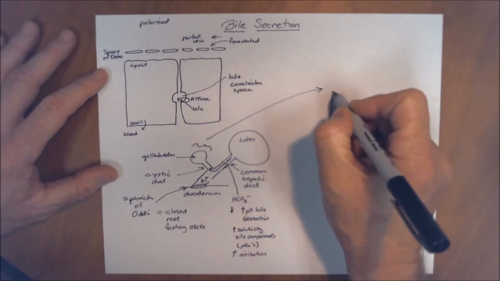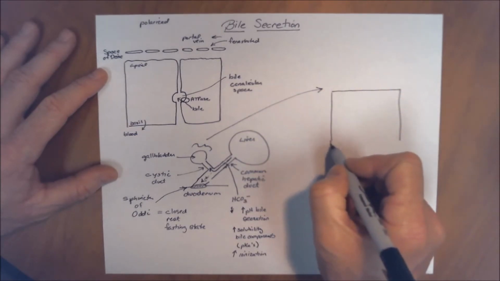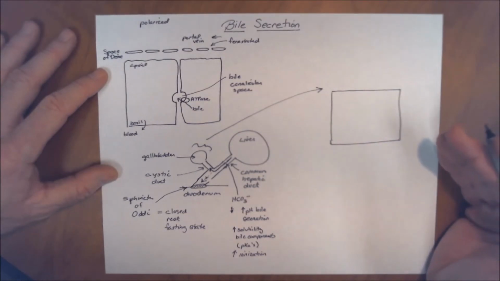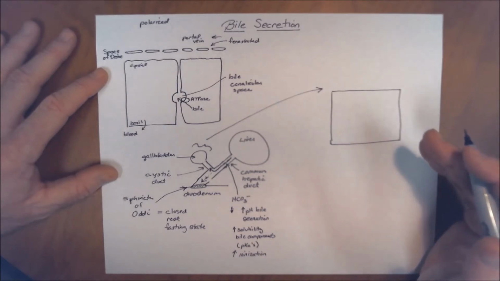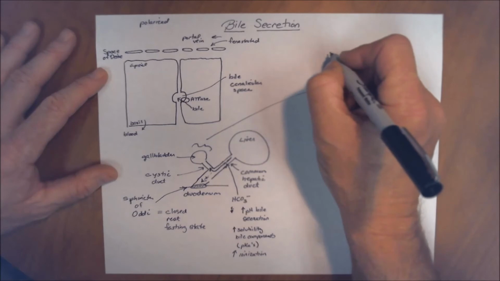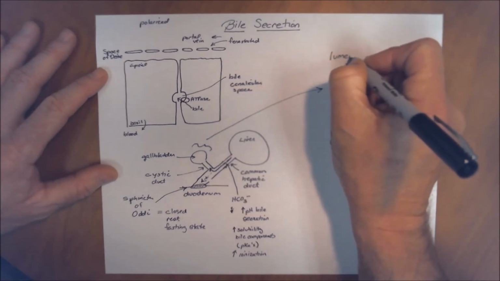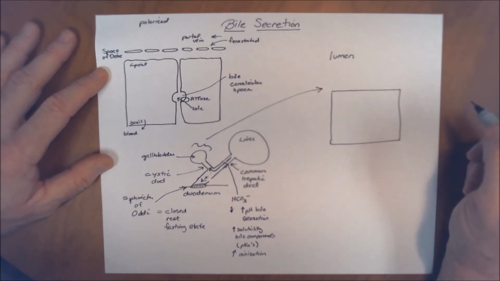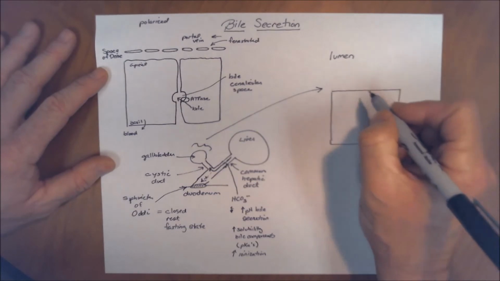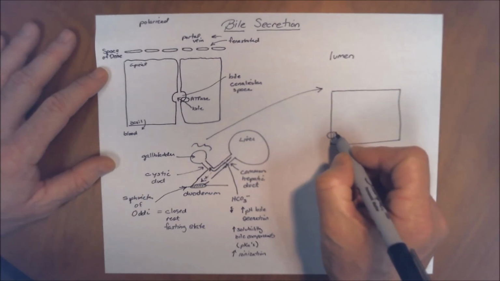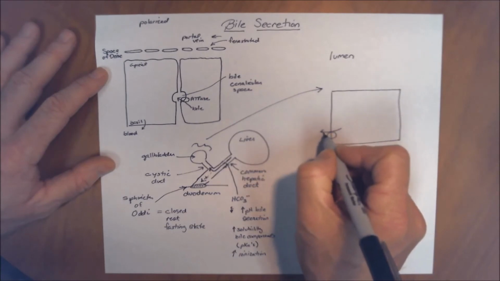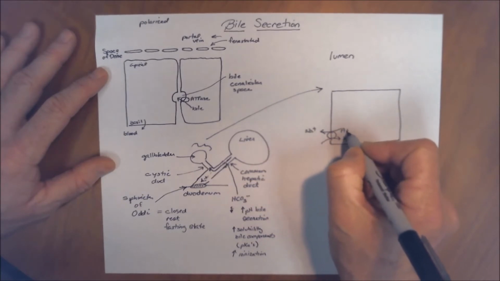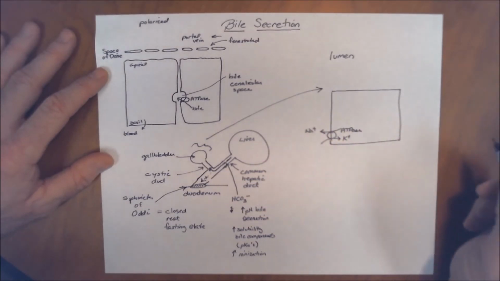So if we draw a cell, an epithelial cell that is lining the inside of the gallbladder, and we draw this in orientation so that this is the lumen of the gallbladder, we are going to have on the basolateral surface our typical sodium-potassium ATPase.